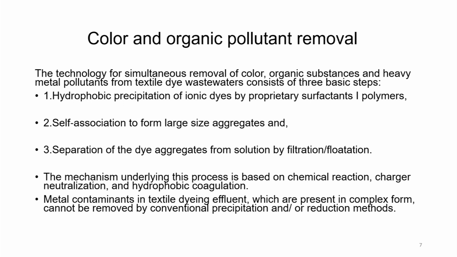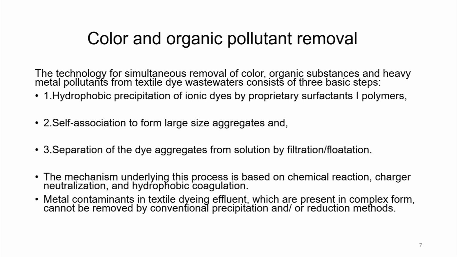The technology for simultaneous removal of color, organic substances and heavy metal pollutants from textile dye wastewater consists of three basic steps: hydrophobic precipitation of ionic dyes by proprietary surfactants, that is, some of them are special polymers, self association to form large size aggregates, and third is separation of dye aggregates from solution by filtration or flotation.